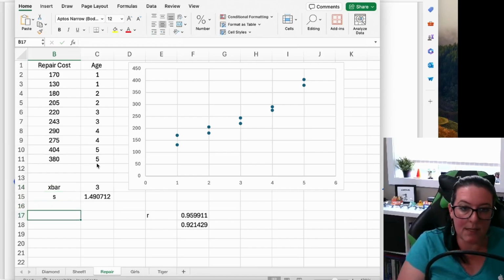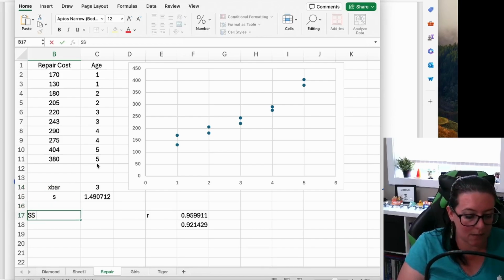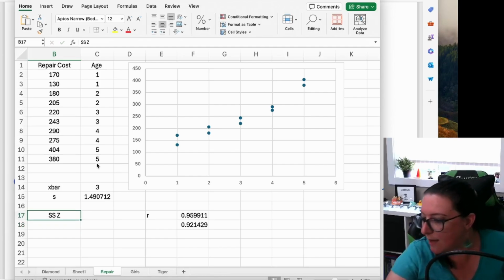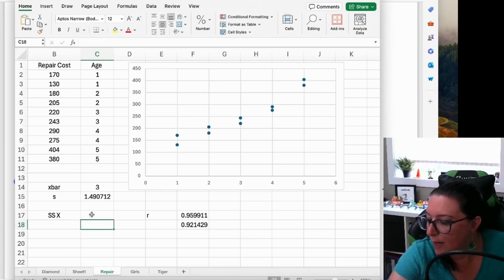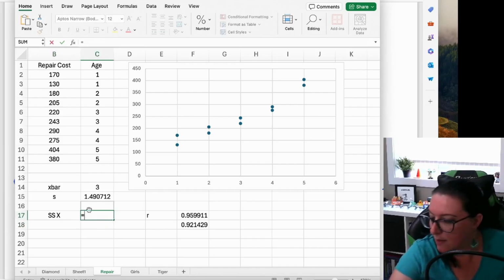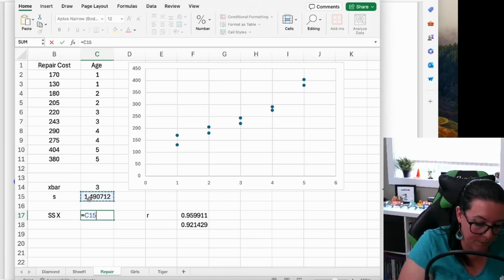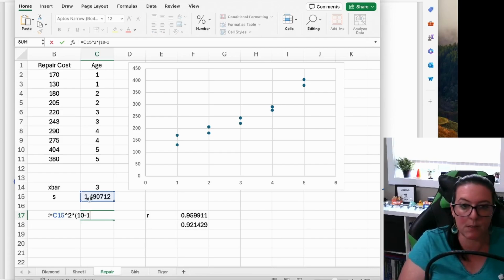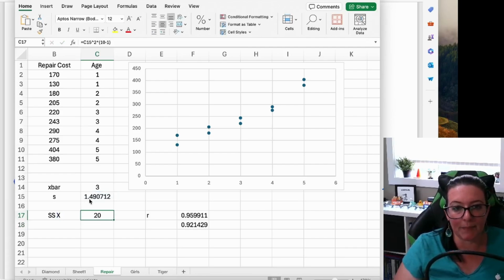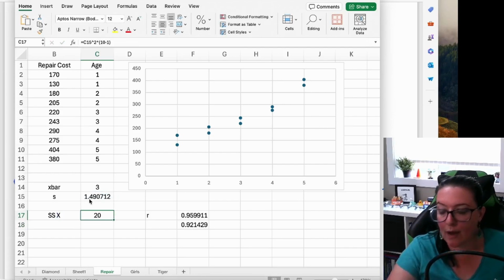And if I want the sum of square x, not z, sum of square x, then I take the standard deviation, square it to turn it into a variance, and multiply it times n minus 1, which in this case is 10 minus 1, and we get 20. Okay, so that's where that comes from.